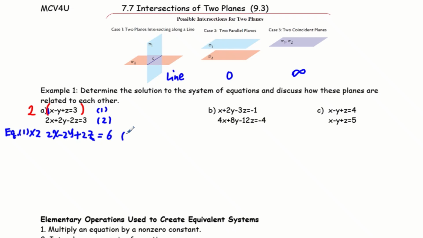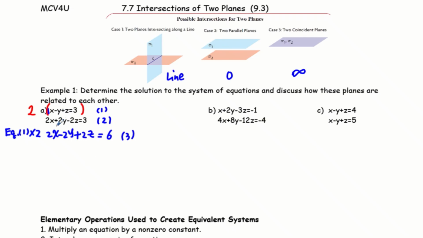So this is our equation 3. Then we want to get rid of some variables, and you will see that if we do the addition instead of the subtraction, we could get rid of more variables. That is what we want.